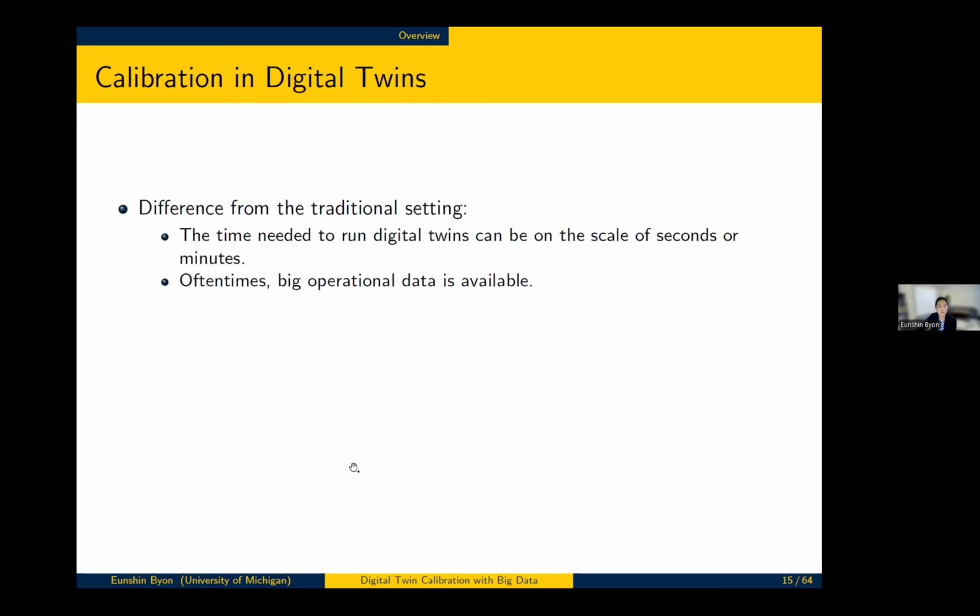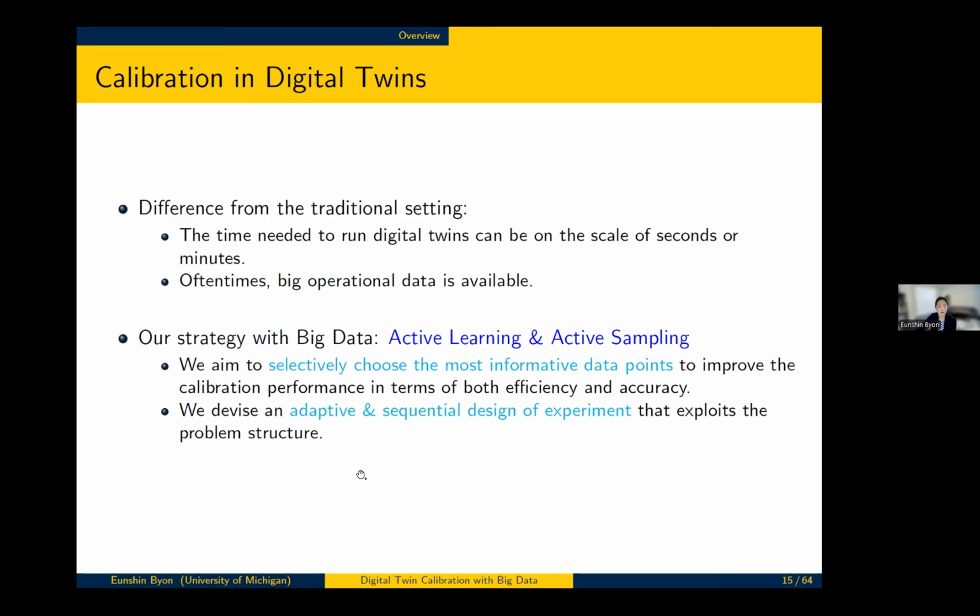So when you have this rich data, instead of building a surrogate model for parameter calibration, our strategy is to take active learning and active sampling ideas. We want to selectively choose the most informative data points sequentially or adaptively to improve the calibration performance in terms of both efficiency and accuracy.